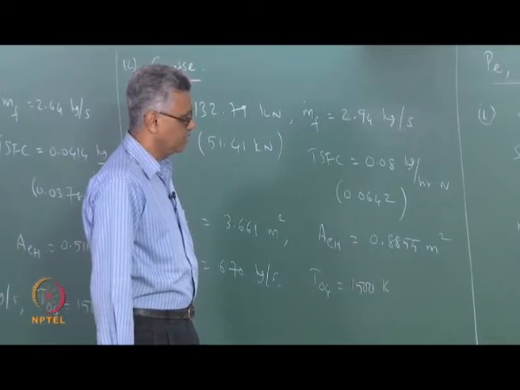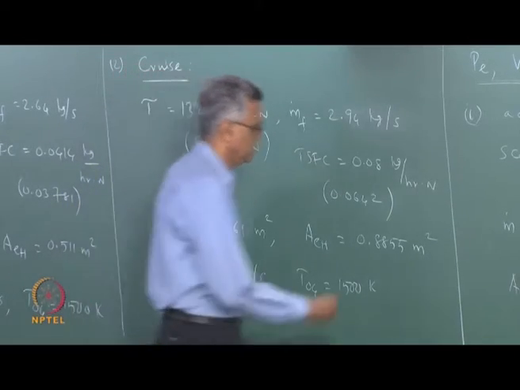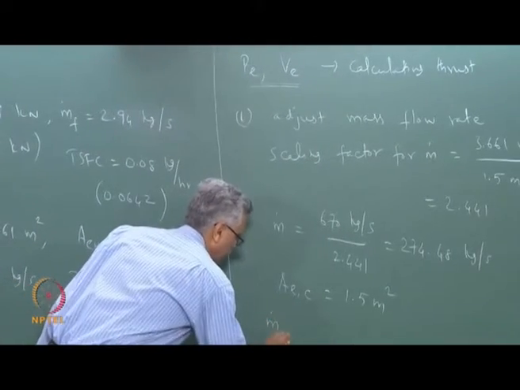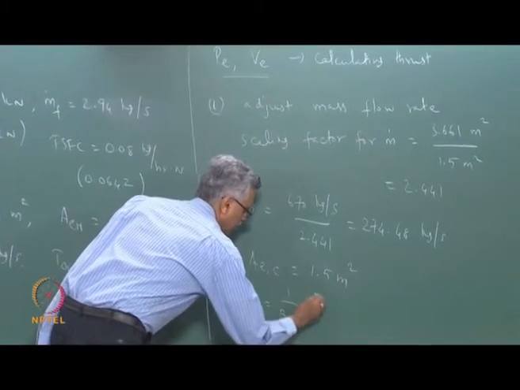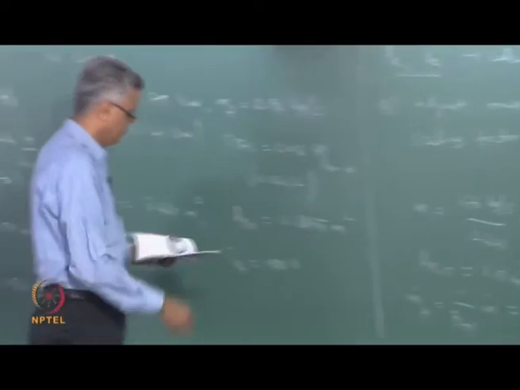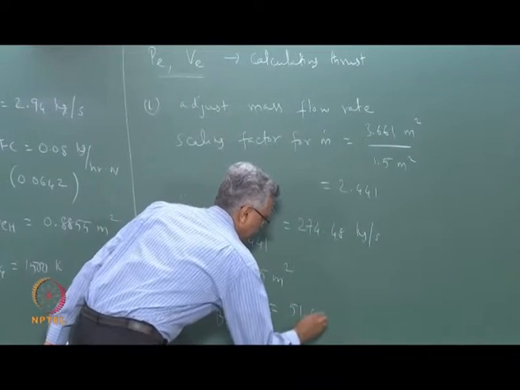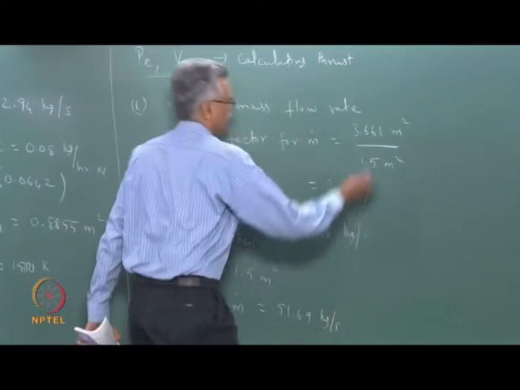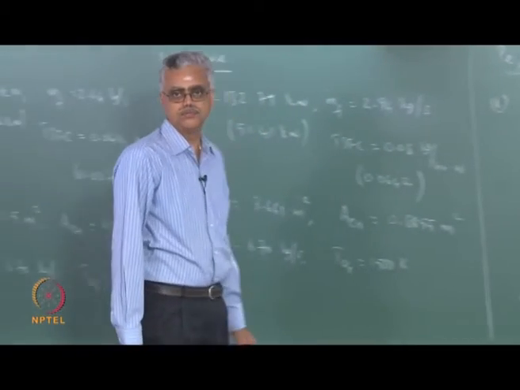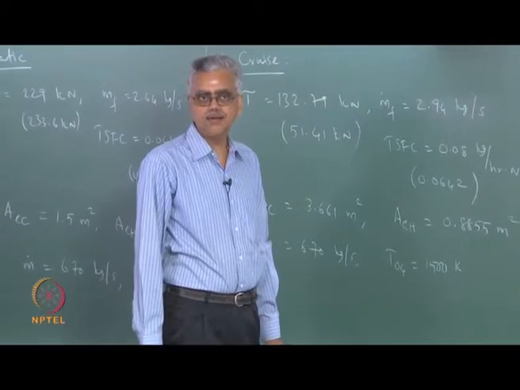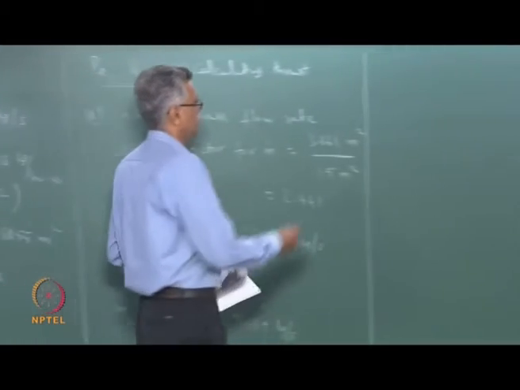Now we have to see what the area of the hot nozzle is for the new mass flow rate. So we have changed the mass flow rate like this. The mass flow rate through the hot nozzle, m dot h, is going to be 1 over (b plus 1) times m dot, and if I substitute this value for m dot, I get 51.69 kg per second. So this is the mass flow rate now through the hot nozzle. For the calculated value of VEH, what is the area required to pass this mass flow rate?